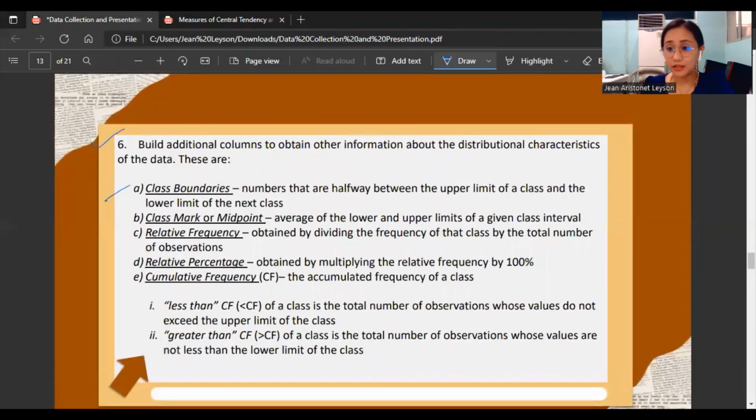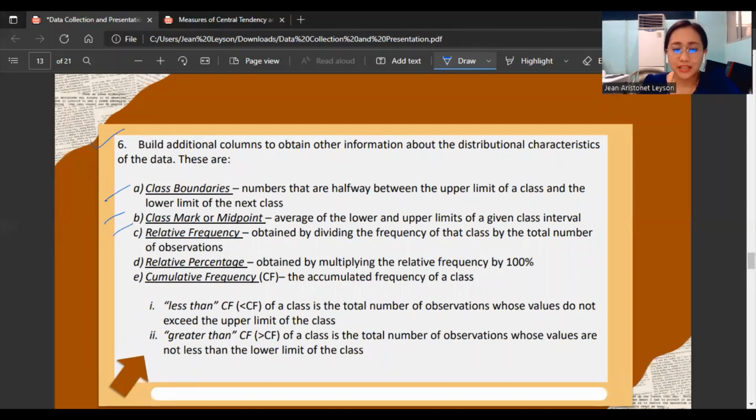Anyway, I will be explaining that further later. Letter B, another column, is the class mark or the midpoint, or usually denoted by CM. So this is the average of the lower and the upper limits of a given class interval. So all you have to do is add the lower limit and the upper limit and divide it by 2.